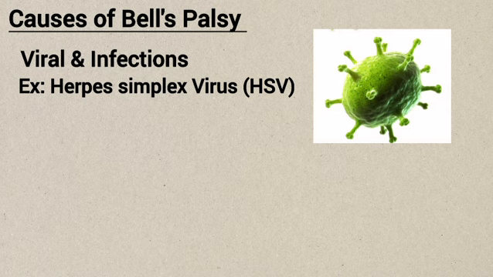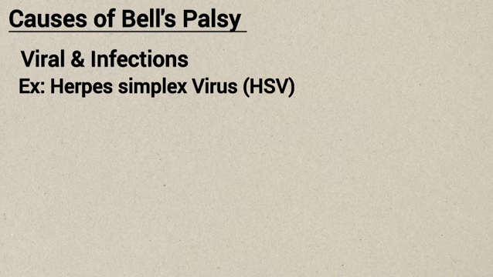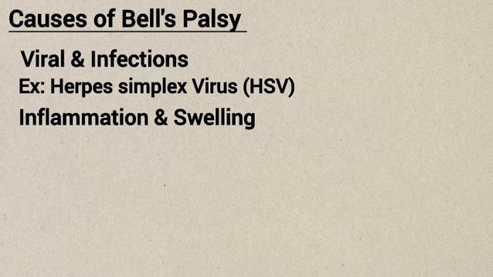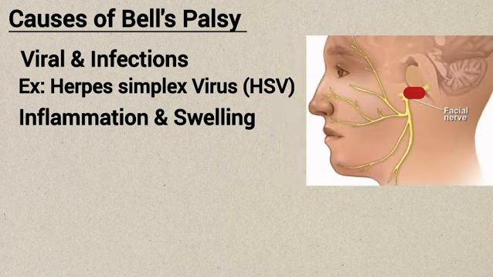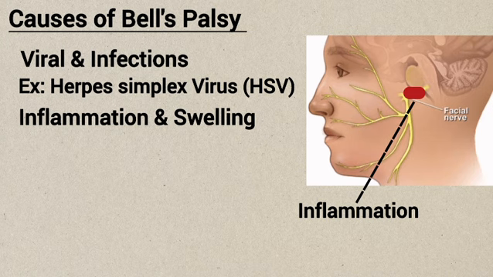Another cause is the inflammation of the facial nerve, meaning swelling of the facial nerves. The point where the nerve starts can be inflamed and swollen. So what does the inflammation do? The inflammation compresses the nerve, which leads to impaired nerve function.